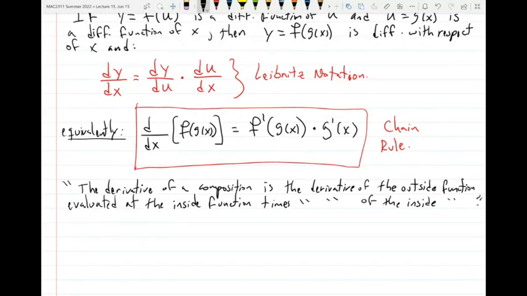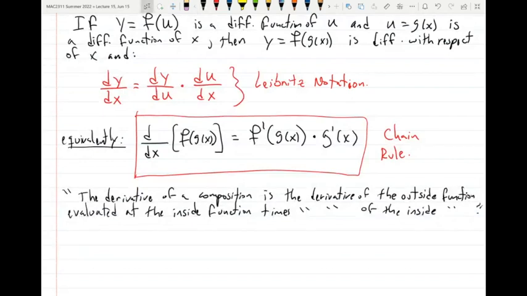Okay? So that's in words what's written, and you're going to be using this a lot because typically when you see a function, it's going to come in the form of a composition. Okay? So keep this in mind.